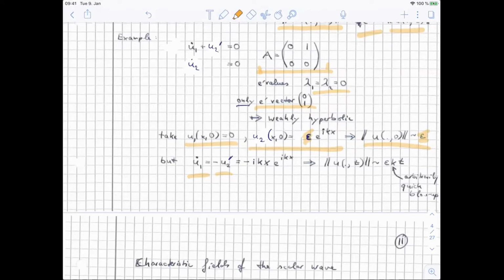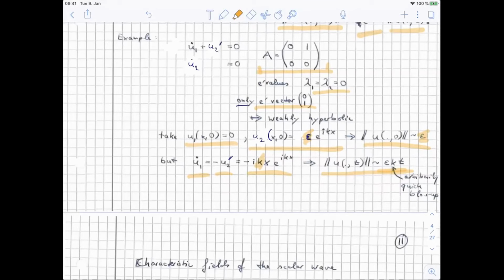That has a factor k coming in. And so the norm of u as a function of time will grow proportional to epsilon times k times t. And if one chooses an arbitrarily large k, arbitrarily short wavelengths, the solution is bound to blow up ever more quickly.